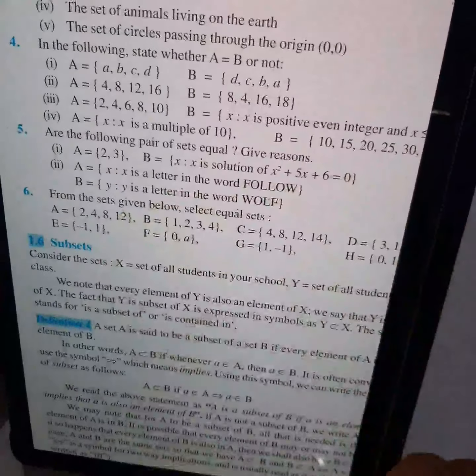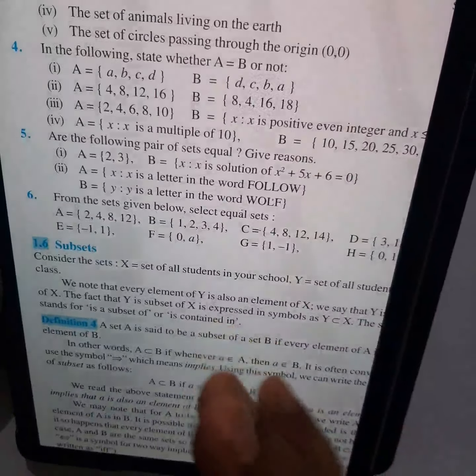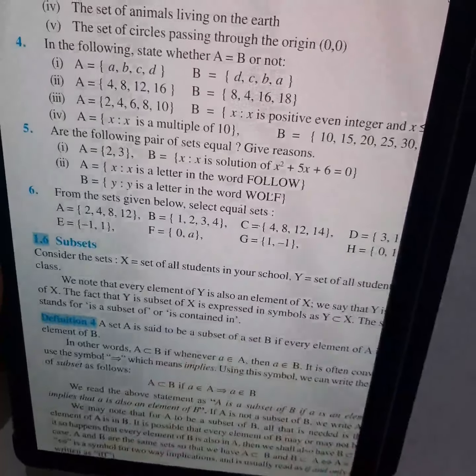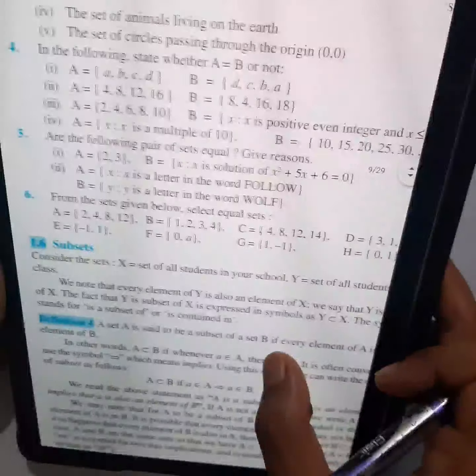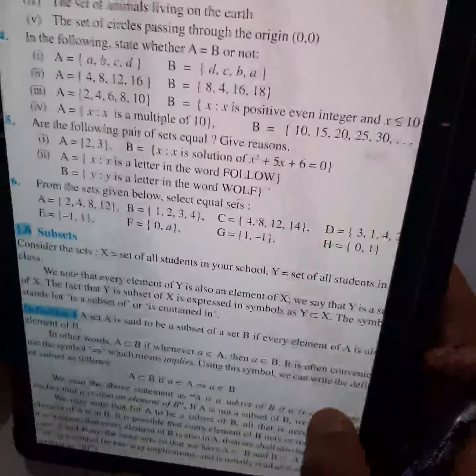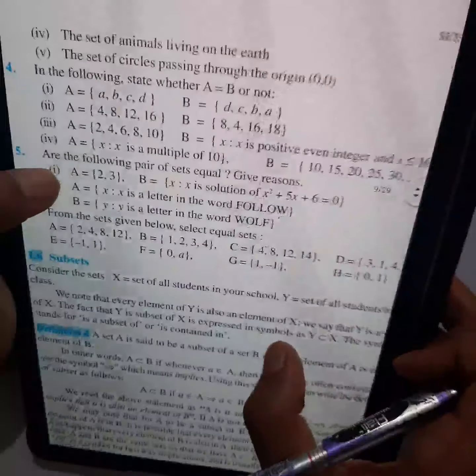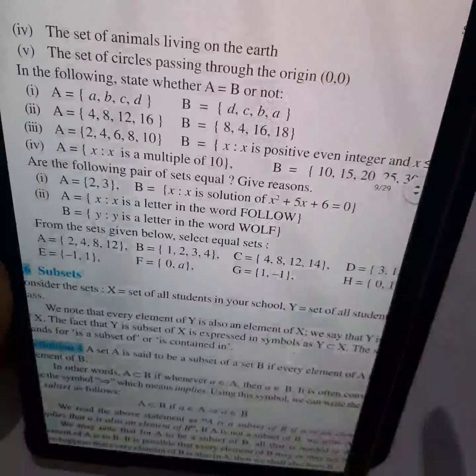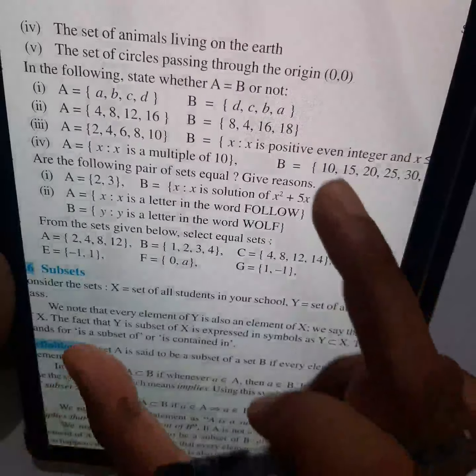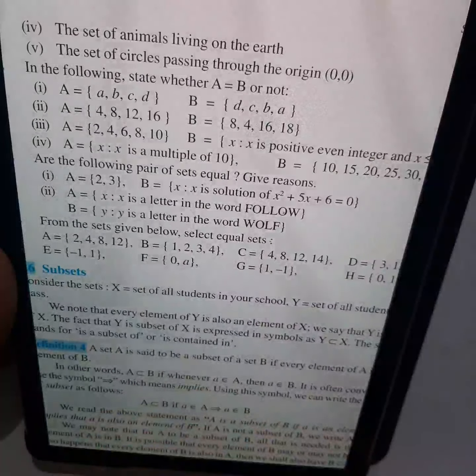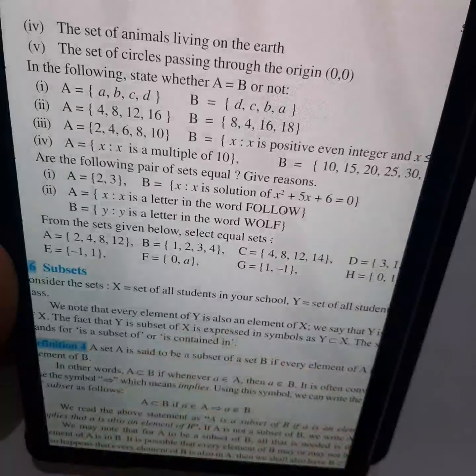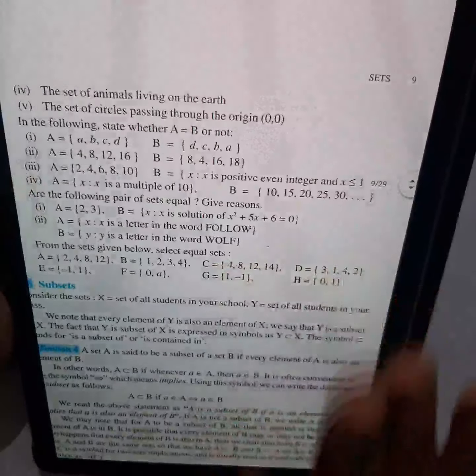This is a very simple topic, but the upcoming topics are a little complicated, so understand this carefully and don't think you have understood it directly. These topics may make you confused later, so try to understand carefully.